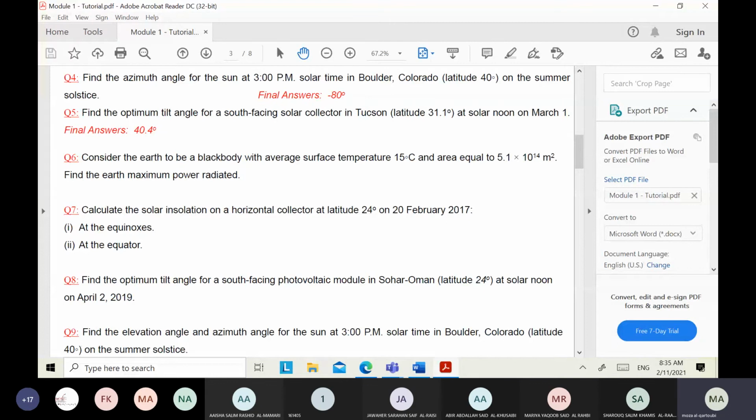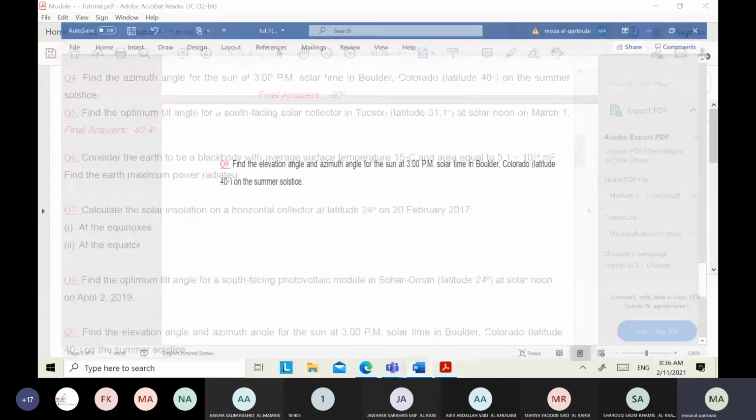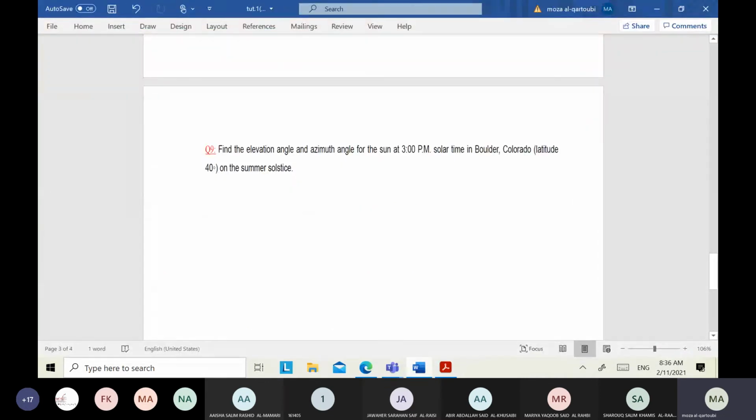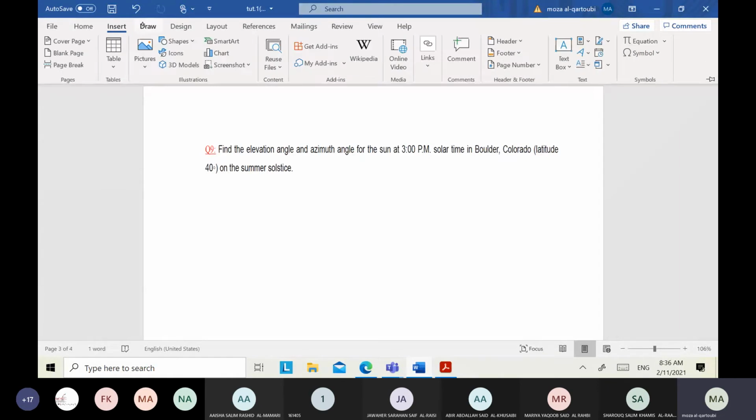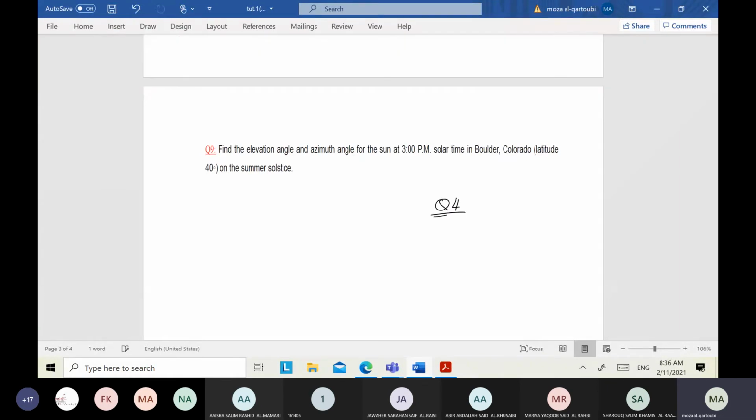So before, if back to question number 4, I'll give you a note to remember the solution. When we solved question number 4, we were asked to find the azimuth angle. How to find the azimuth angle? We used this rule before.